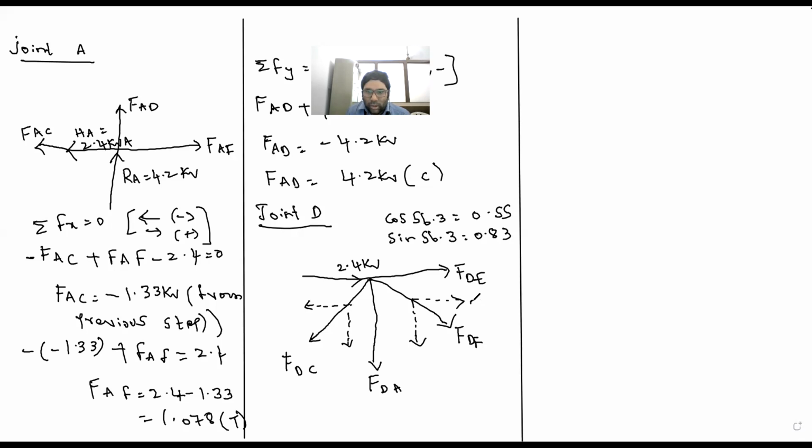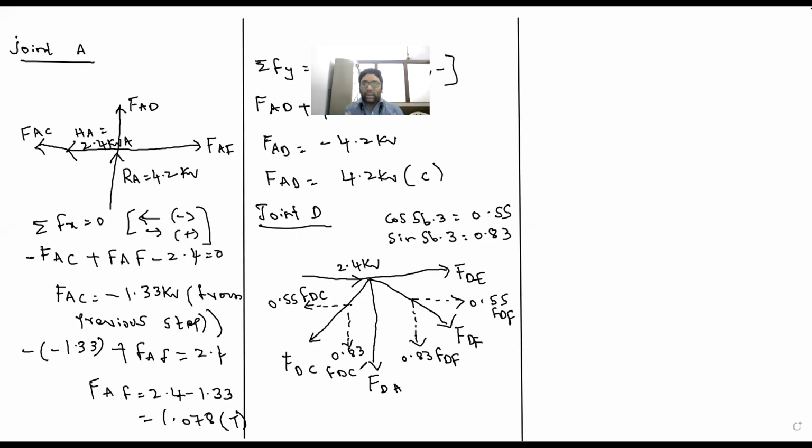So this is 0.55 FDF and this is 0.83 FDF. This is also 0.55 FDC, and this is 0.83 FDC. See how beautifully we have created the free body diagram.